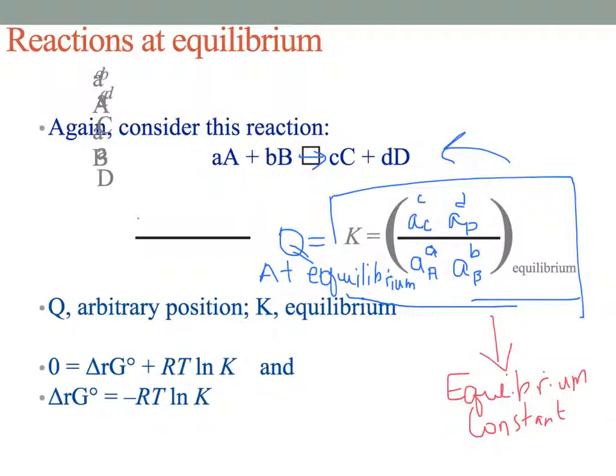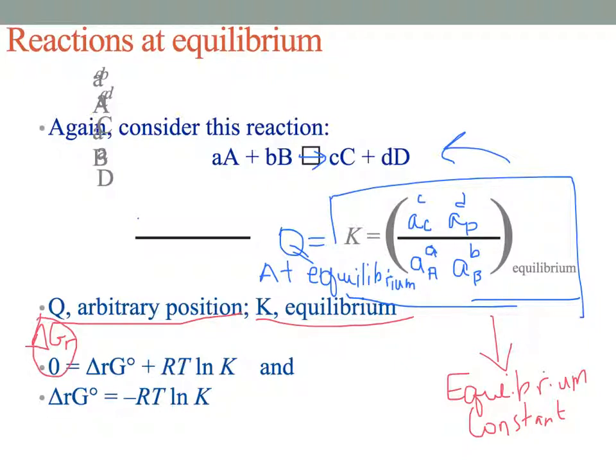Okay, and so your notes here tell you, although they look exactly the same in their equation form, Q tells us about the arbitrary position. K tells us about the composition when we're at equilibrium. When we're at equilibrium, we could set that value for delta G that we saw in that original equation a few minutes ago to 0.